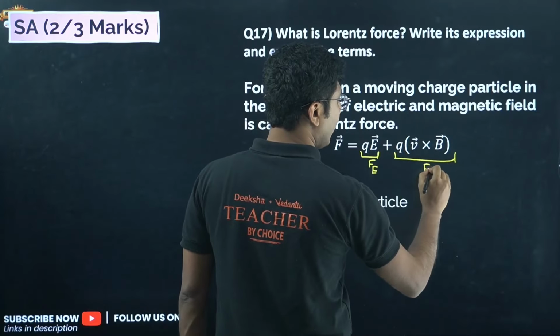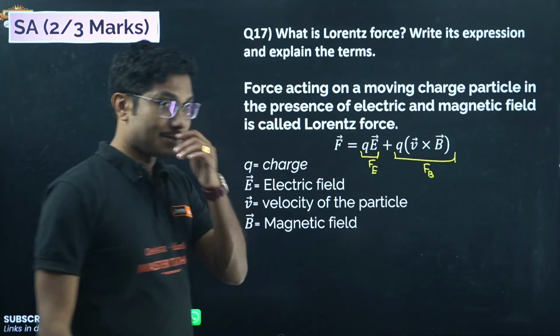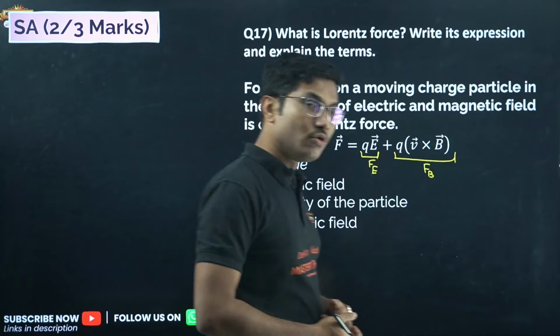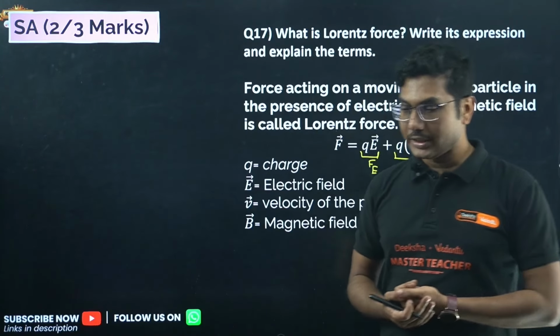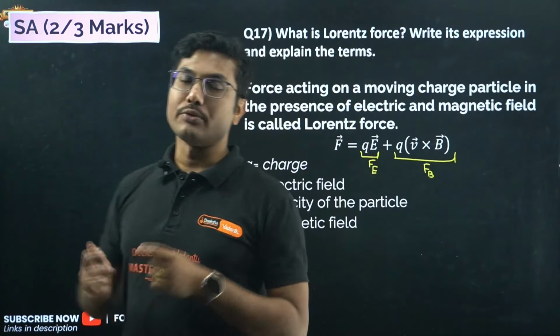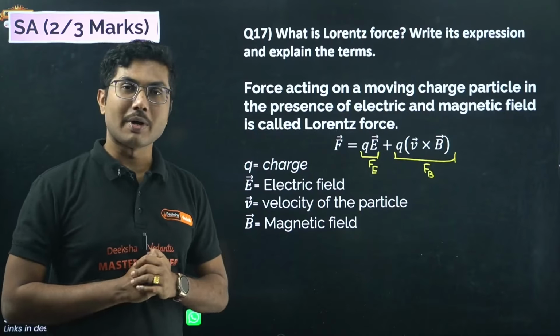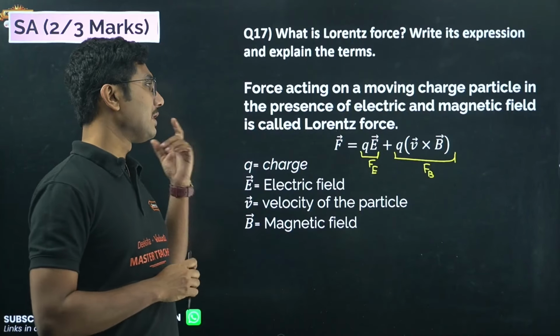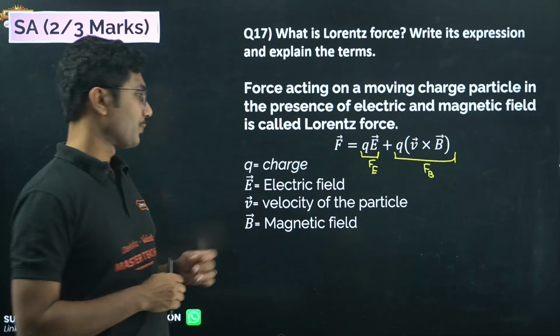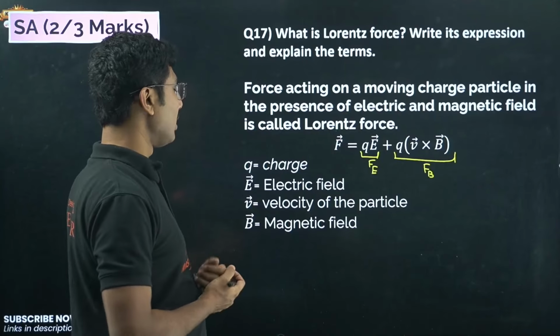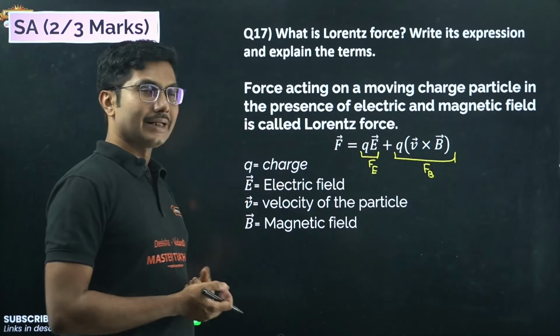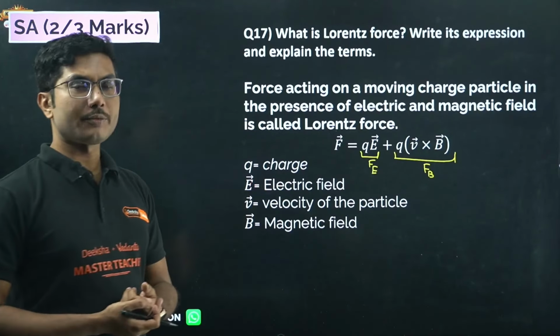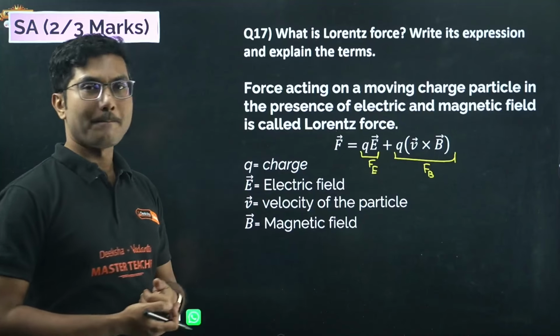When both electric and magnetic field are present and a charged particle is moving inside both, the total combined force experienced by the charged particle is called the Lorentz force. Here q is obviously the charge, E is the electric field, v is the velocity of the particle, and B is the magnetic field.